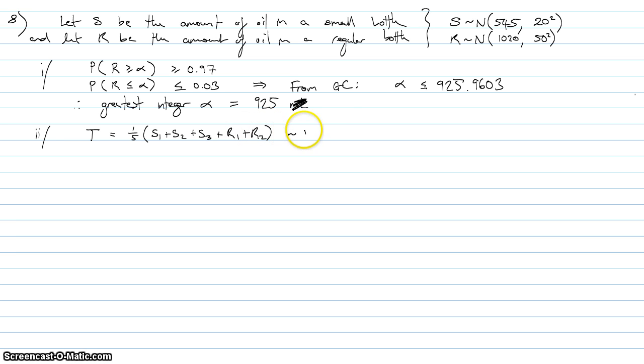You can tell that this is going to be normally distributed. What's the mean of this going to be? Well, you add the means up, so you get 3 times 545 plus 2 times 1020, divided by 5 for the mean.